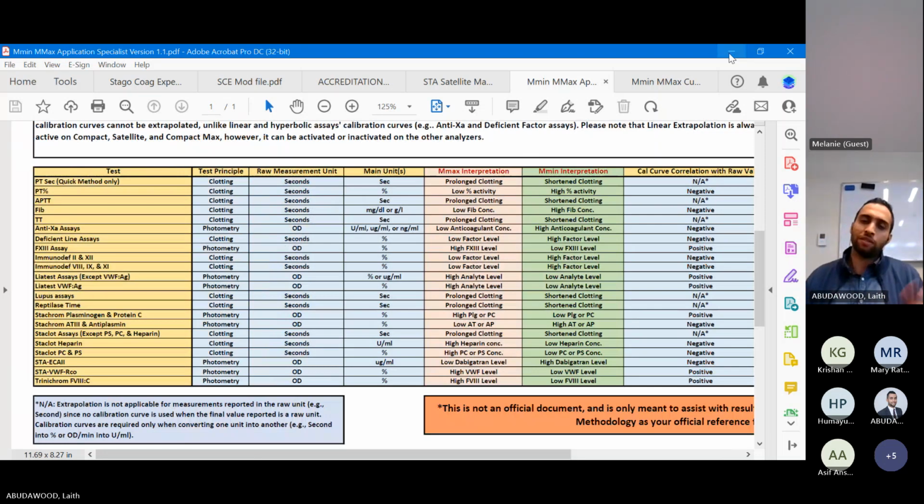No one will ever do that, obviously. So supply it to the customer, no problem. However, make sure that the customer knows that the SOP is the reference document. This is not a reference document. This is not an official document. It's just a summary. The official document is the SOP in terms of the reporting limits, etc.